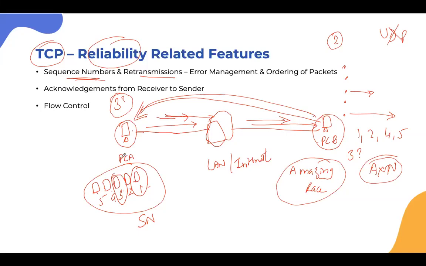And there will also be something called flow control. What is the meaning of flow control? Now, to give you an example, imagine there is a huge pipe which is flowing with water, and what you have is a small bottle.